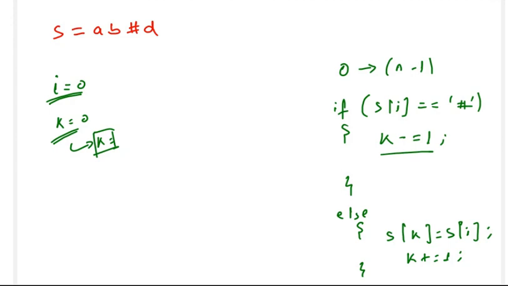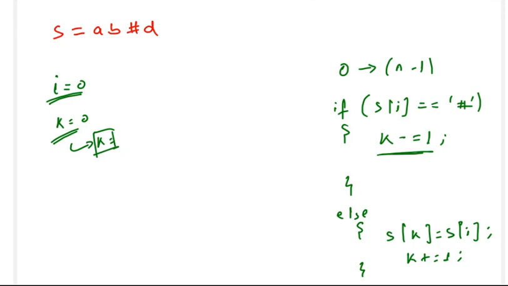Now we are doing this operation because if we have a hash, then we will not consider the character just before the hash, and my k will get decremented by 1, and after that if I get a character other than hash, then this character will come in place of the kth index, where there is already a character but it has been deleted due to the hash.